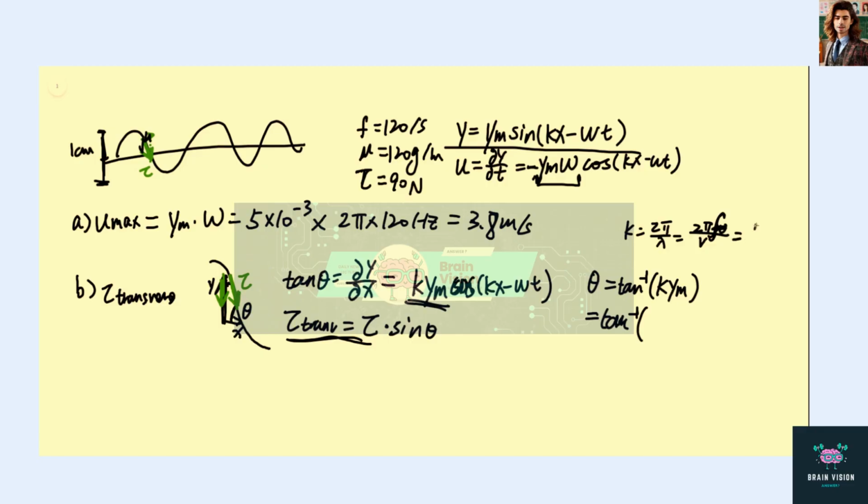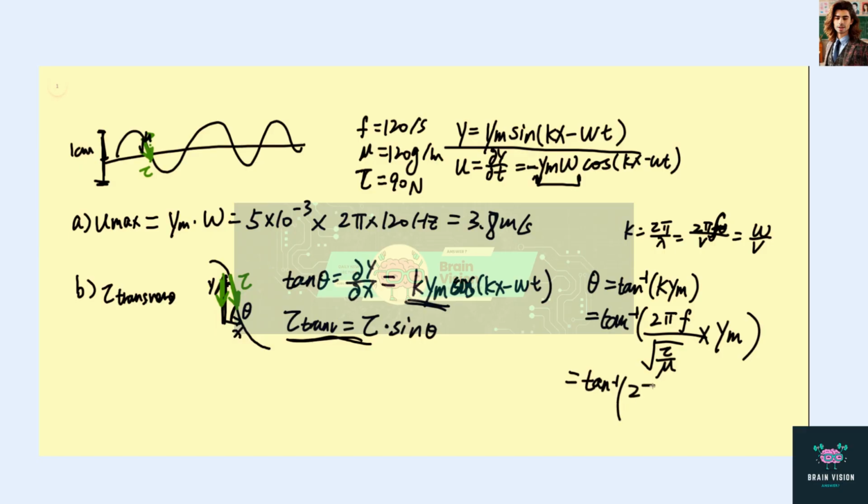So because of that, k equals omega over v, and that's probably the easiest expression we can use for now. Okay, so omega is 2 pi f, v is square root of tau over mu, and then we multiply this whole thing again by ym.